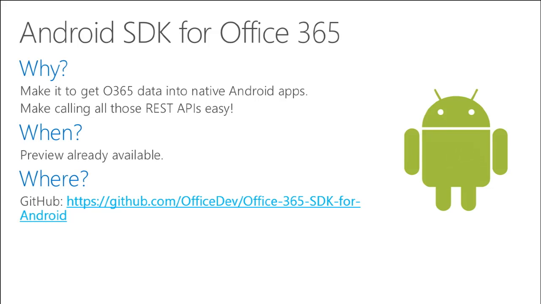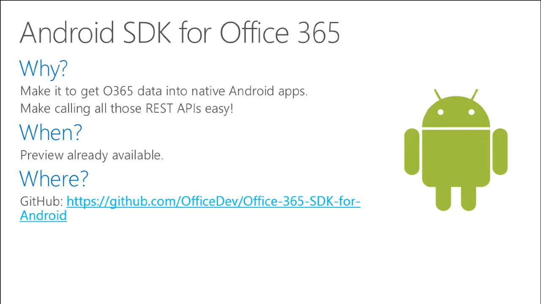But when you're sitting down to write an app, you don't want to have to go through all of the complications of writing your own requests, sending your own requests, dealing with parsing the responses. So these SDKs wrap those REST APIs and make it much easier for you to get started developing. And that's our goal. Use that REST API foundation and then make it really easy on any device to interact with Office services.